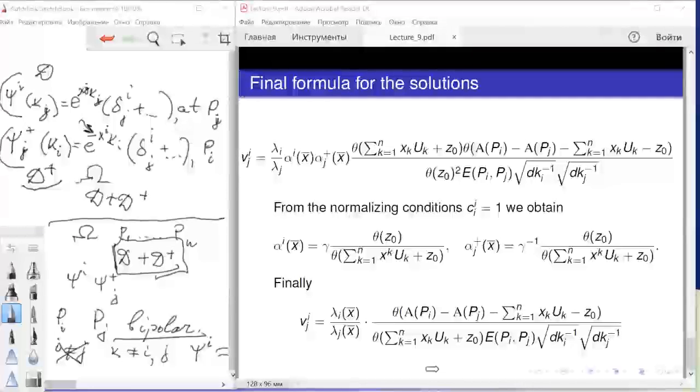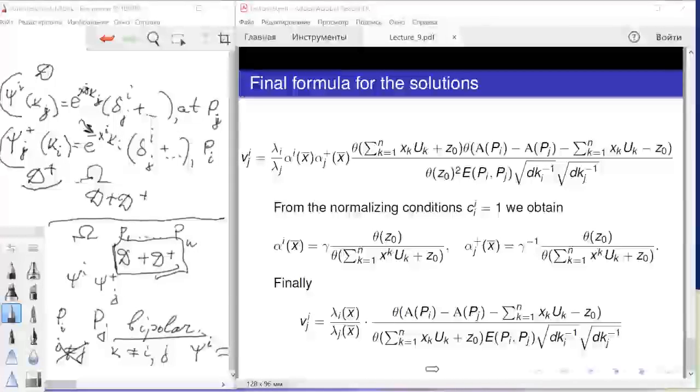So let me say that for the remainder of the course, this particular form of the solution will be of no importance.